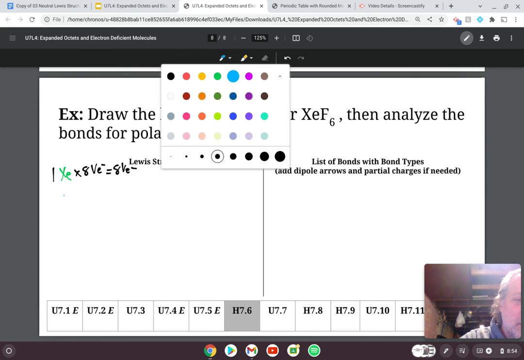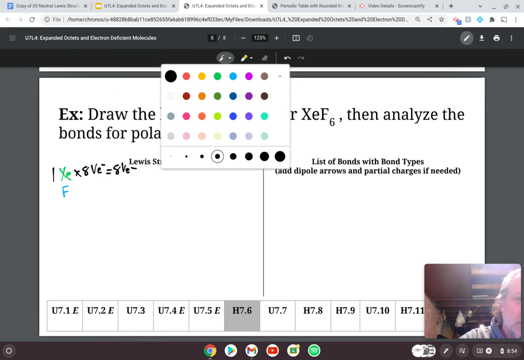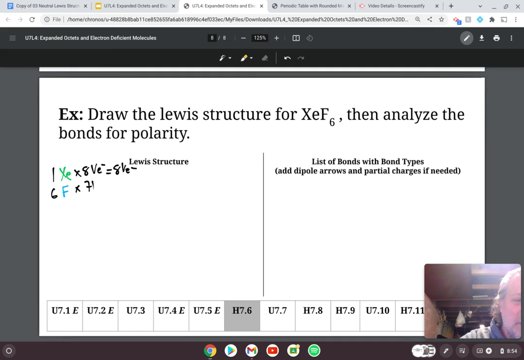We have fluorine, and there's 6 of them times 7 valence electrons. Nope, I lied. It's 42 because I can multiply. So when I add that up, that becomes 50 valence electrons.